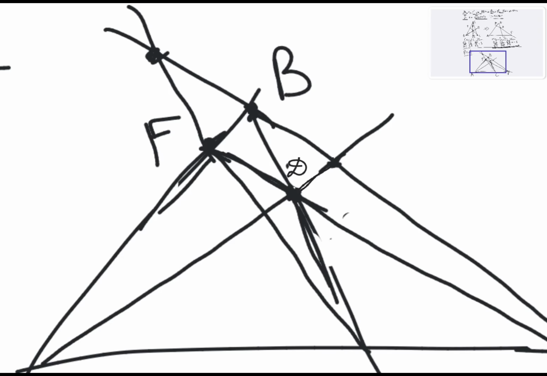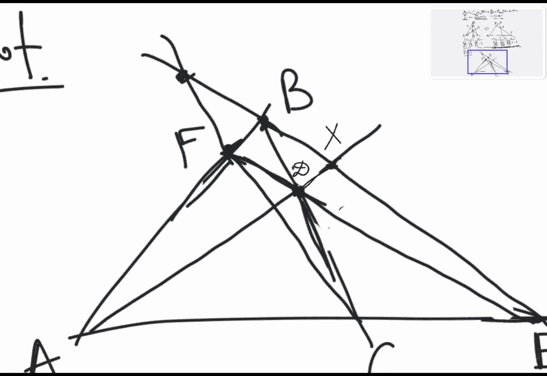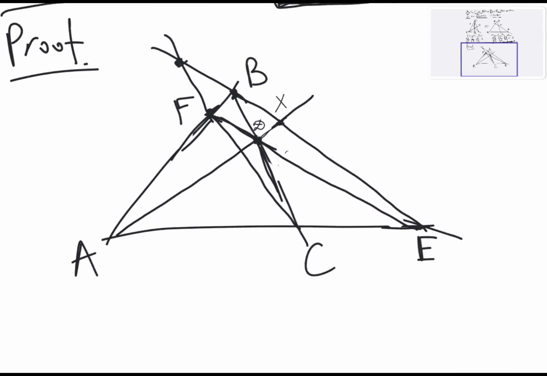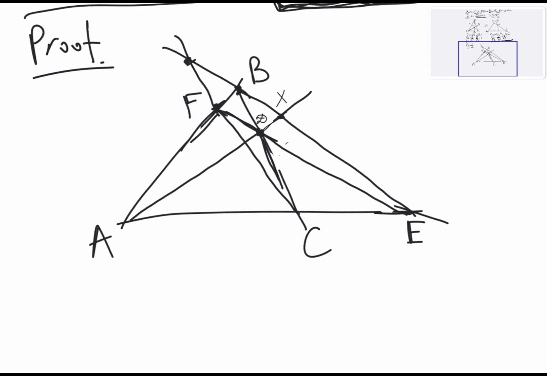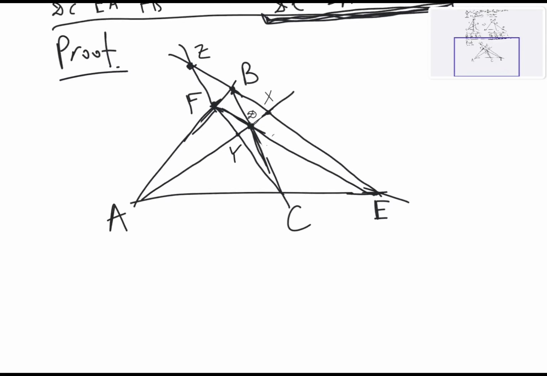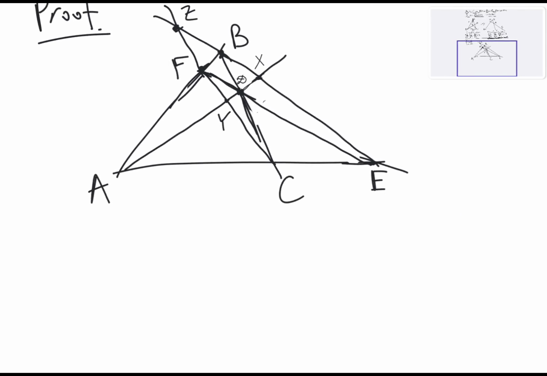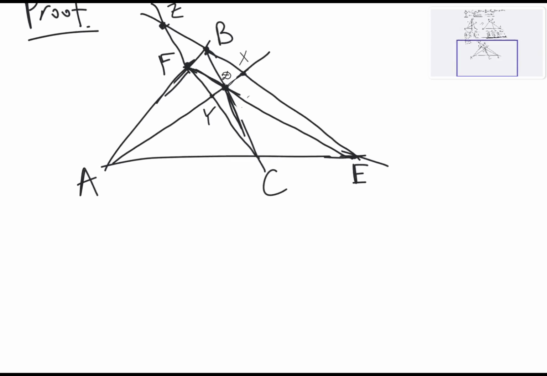This is D, this is X. This is Y, and this is Z. So now we are going to write the Ceva's theorem for 6 triangles.